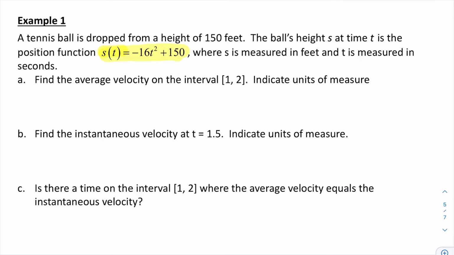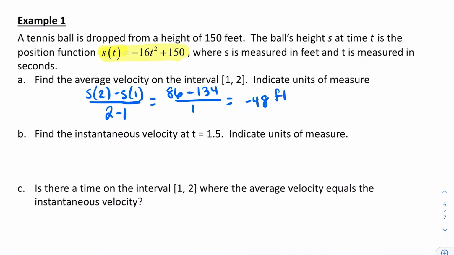Okay, so anyway, average velocity over an interval is given by s of 2 minus s of 1 all over 2 minus 1. So that is 86 minus 134 all over 1. So a negative 48 feet per second.